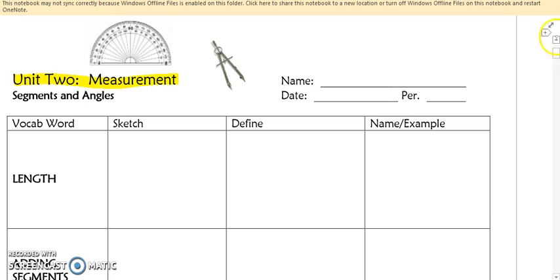So let's go with our first definition, length. If we're talking about a segment, maybe segment LM, length is the distance from one endpoint to the other.